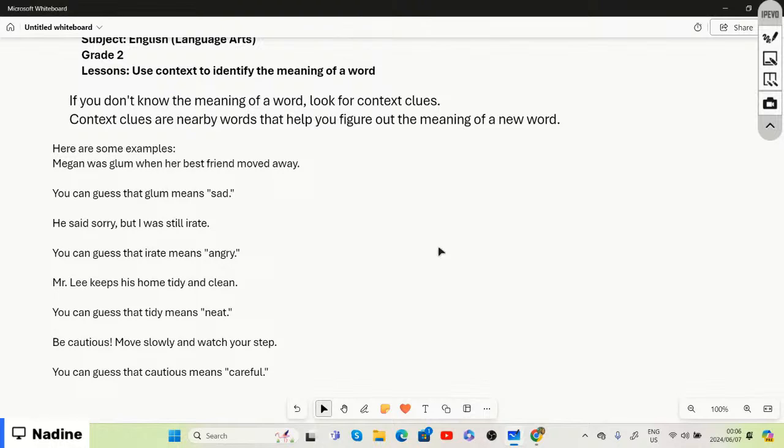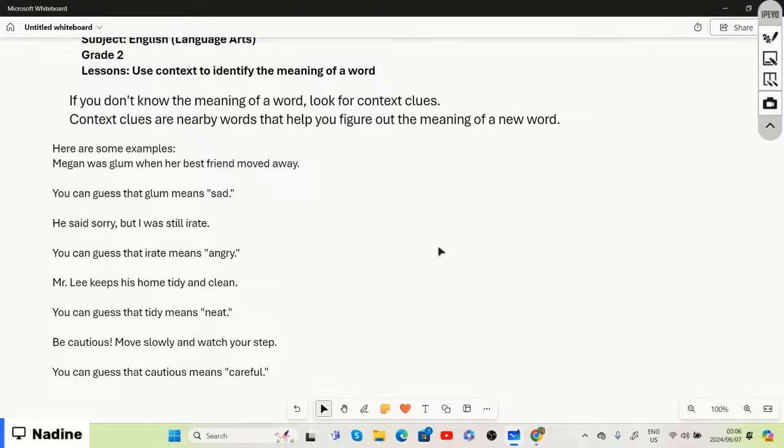Context clues is where you look within your sentence and you basically come up with what you think the meaning of a word might be.